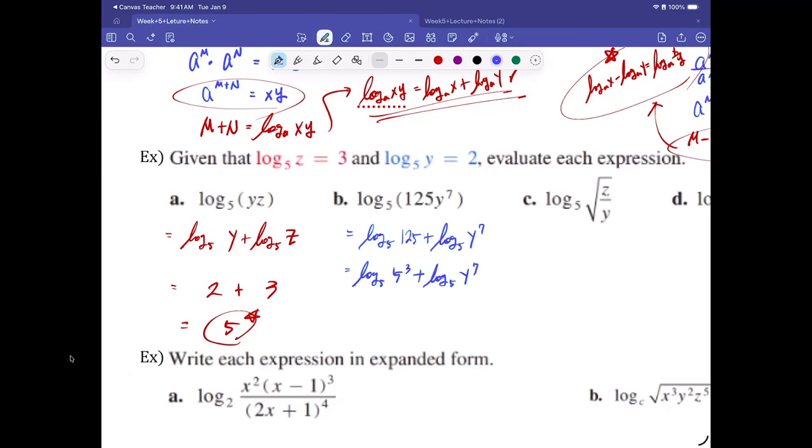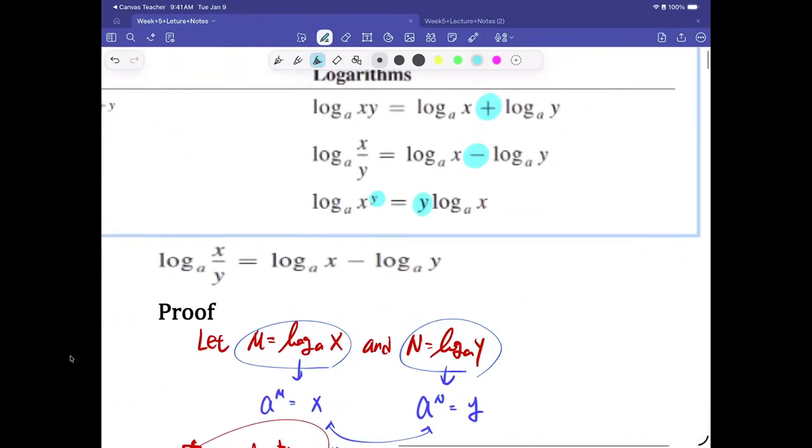So we have two exponents, which are 3 and 7. The exponent we can bring to the front, right?